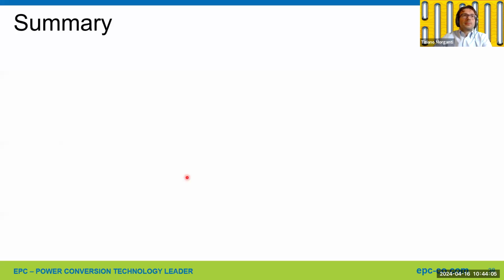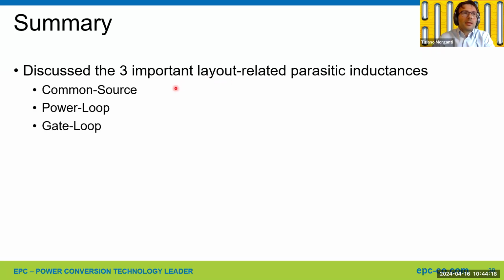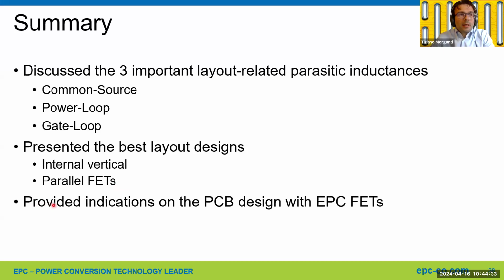Okay, so presentation is over. We summarize the topics. So we discussed 3 important layout-related parasitic inductances: common source inductance, power loop inductance, and gate loop inductance. We presented the best layout designs, internal vertical for the CDCs, and how to parallel FETs for the CDCs. Then we provided some hints, some tips for the PCB design and via design with EPC FETs.